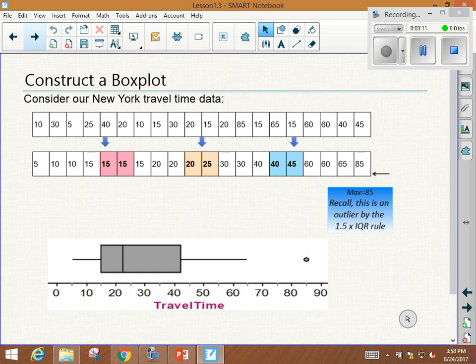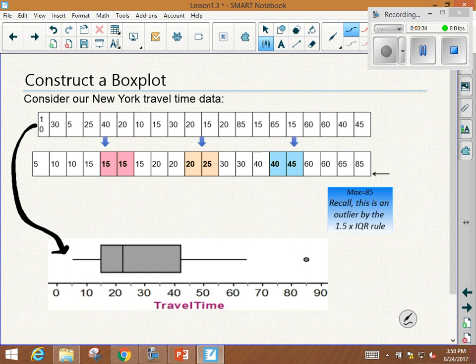Okay, where does this stuff come from? Right here. Right here. There's our minimum.